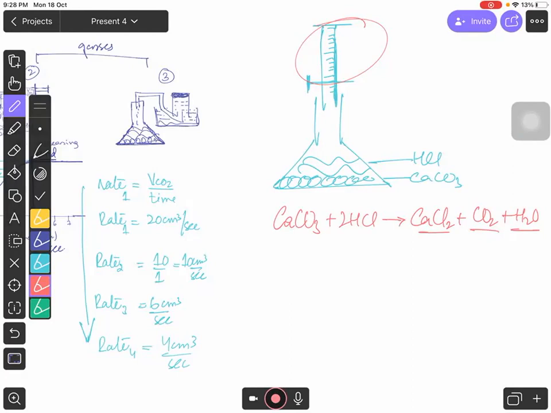Carbon dioxide. Oh, is that really? Carbon dioxide is not allowed to go outside from here. Water will be over here. When they react, water will be here, salt will be here. We can only collect what? Carbon dioxide. But the system is not correct because it is not closed.